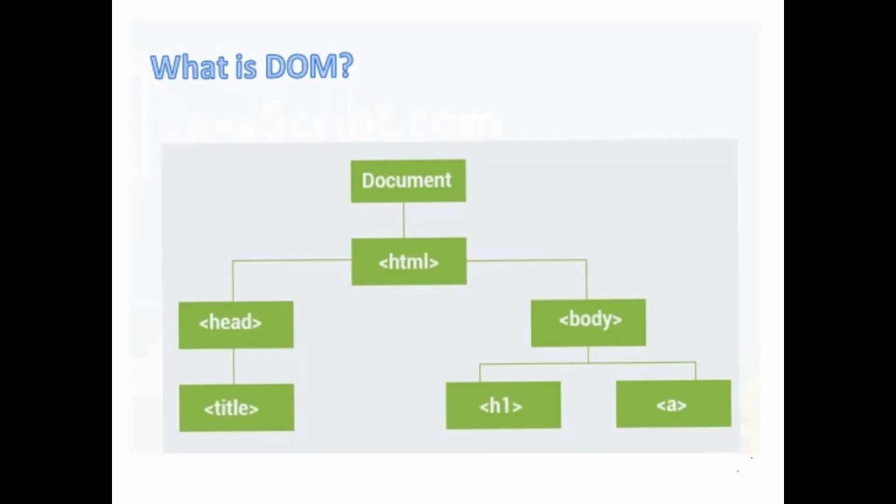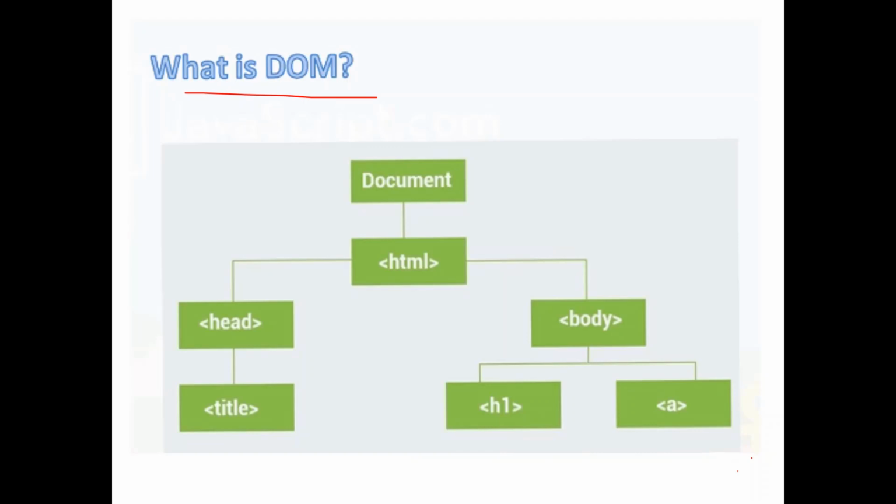All right, so what is DOM? DOM stands for document object model. In using the DOM, JavaScript can access all the elements in a web page. This is mostly used to get or modify the content or value of HTML elements, right?